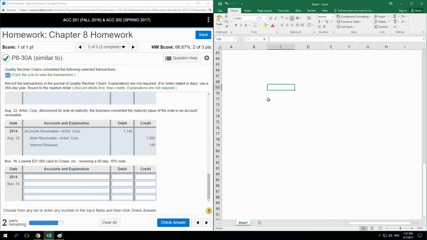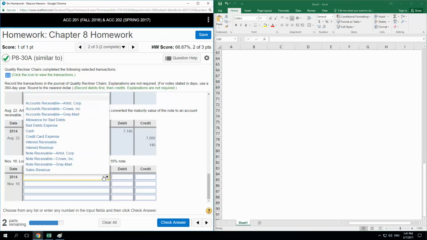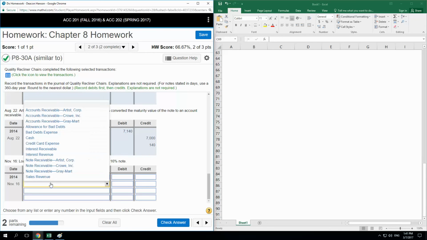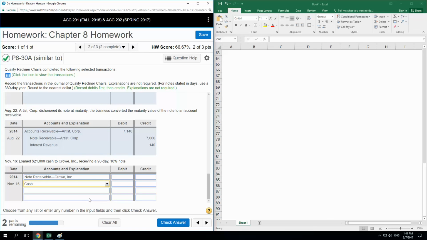Now we make a direct loan. We loan $21,000 cash to Crow Inc., receiving a 90-day 16% note. Pretty straightforward. We'll have a note receivable from Crow, and we're going to just reduce our cash. So we're not earning any kind of revenue when we lend the money. It's not being generated from a sale.